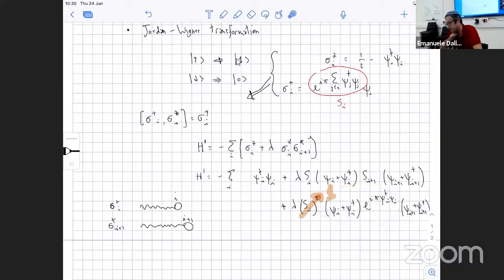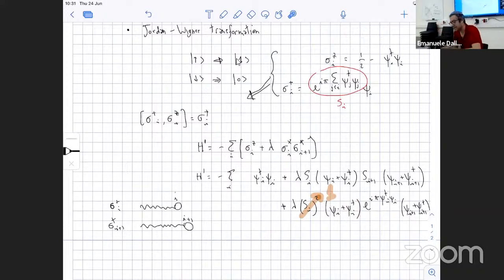Now the Hilbert space has just two possibilities: either there is a fermion or there is no fermion. If there is a fermion, the only term that contributes is psi I, and then this term will give me a minus because there was a fermion. So psi dagger psi is 1, and then I get the minus sign. In contrast, if there was no fermion, this term would contribute 1, and the only term that contributes is this one, because if there was no fermion, I can only build the fermion.